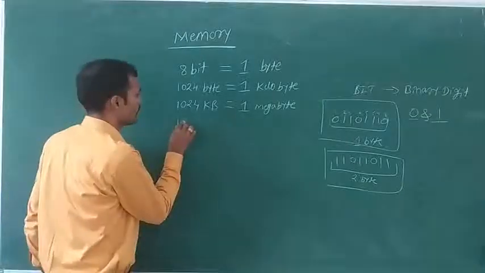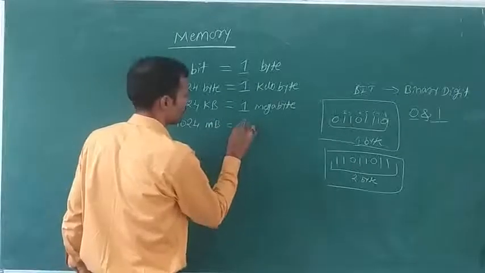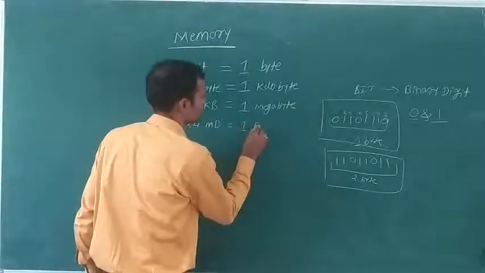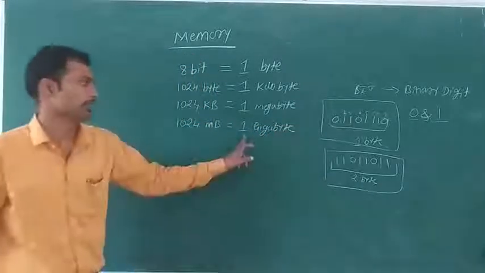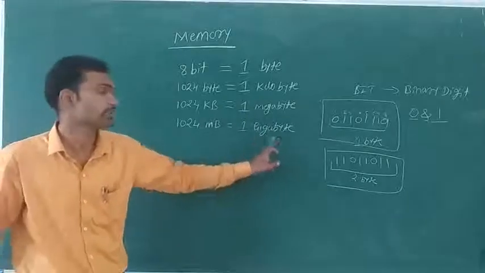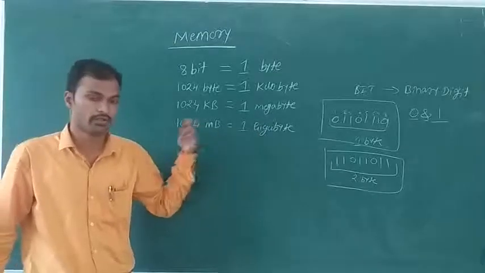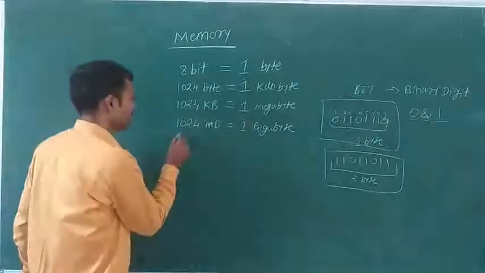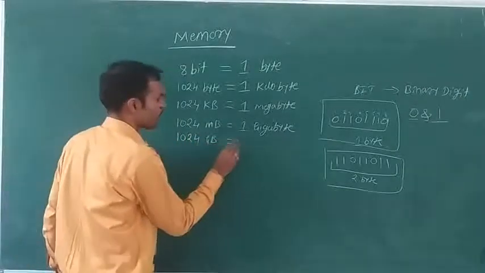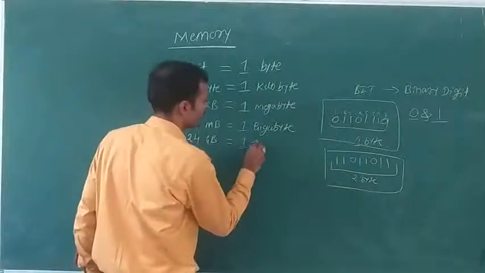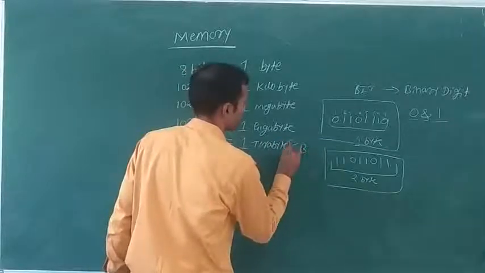Similarly, 1024 MB is equivalent to 1 gigabyte, which you can call a GB. 1 GB means how much? 1024 MB. Then 1024 GB is equivalent to 1 terabyte. It is called 1 TB.